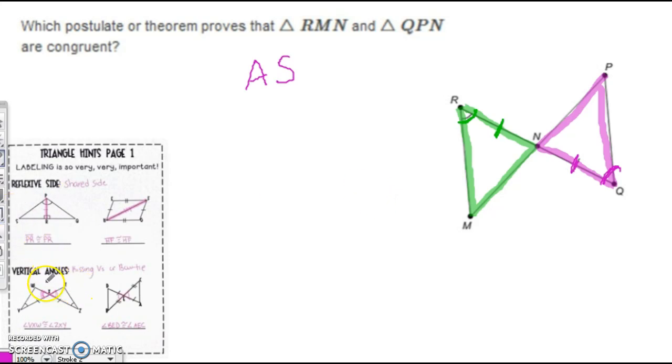So we go back to our helpful hints page, and this falls under the category of vertical angles. Remember, you can remember vertical angles as kissing V's or as bow ties. If you have 2 intersecting lines, line PM and line RQ, they form vertical angles, and vertical angles are always congruent.